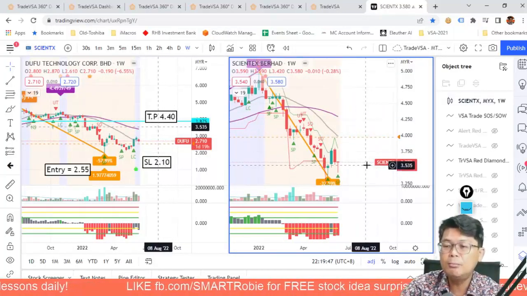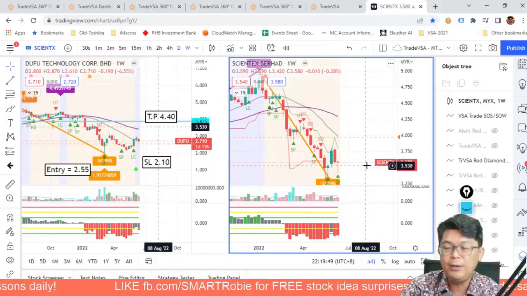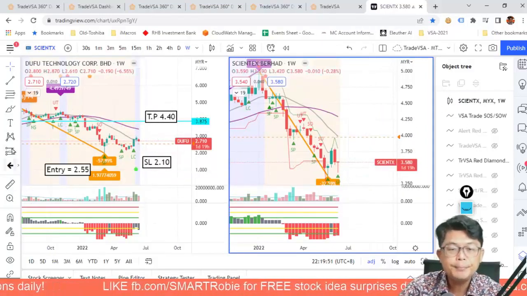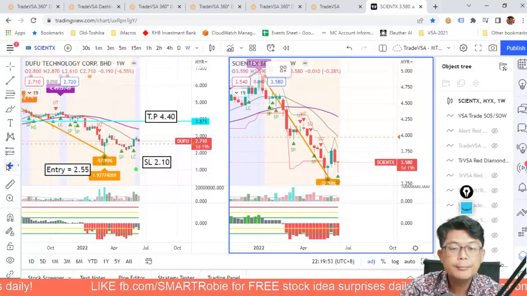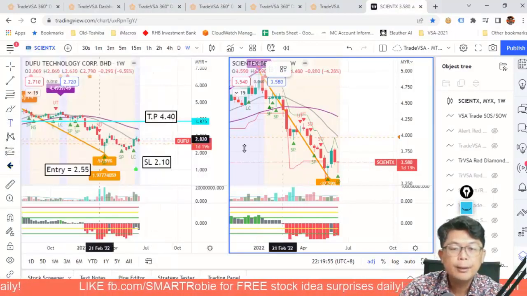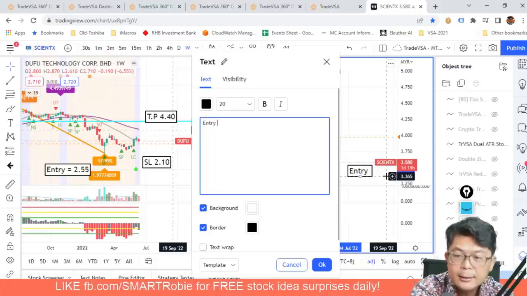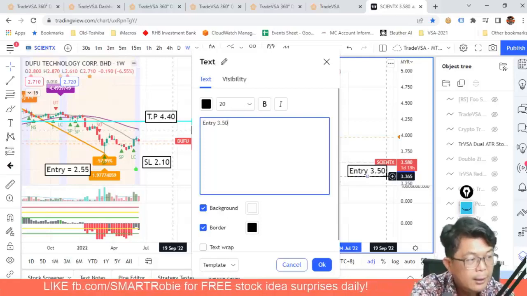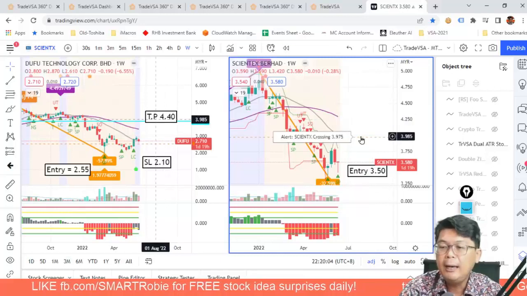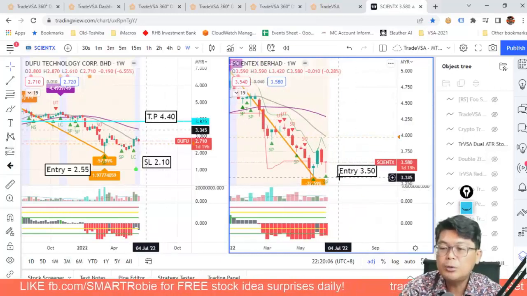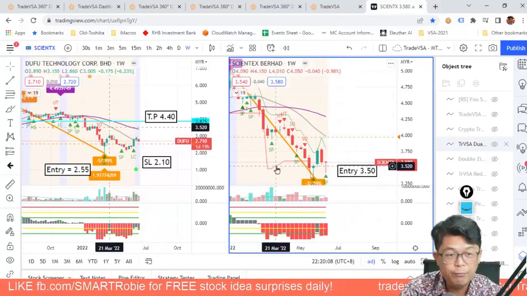So let's say if you decided to buy, you want to buy lower, at 3.50. Entry is $3.50. And where's the stop loss? We put it just below here, 3.35.